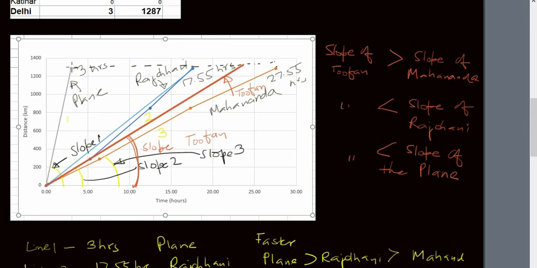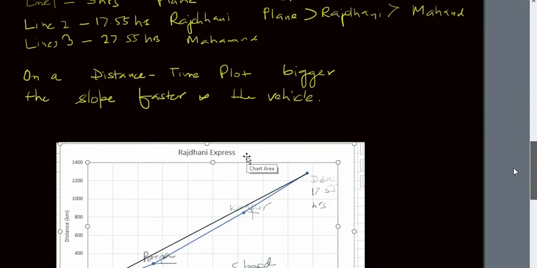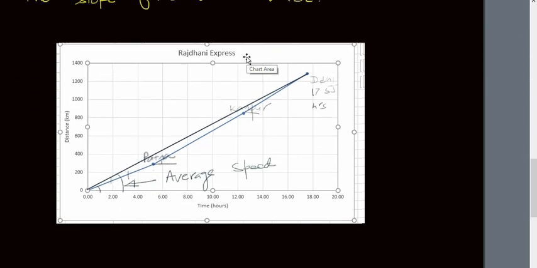But the plane has a straight line here. So this is the concept of average speed. So let me write here: this line shows average speed.